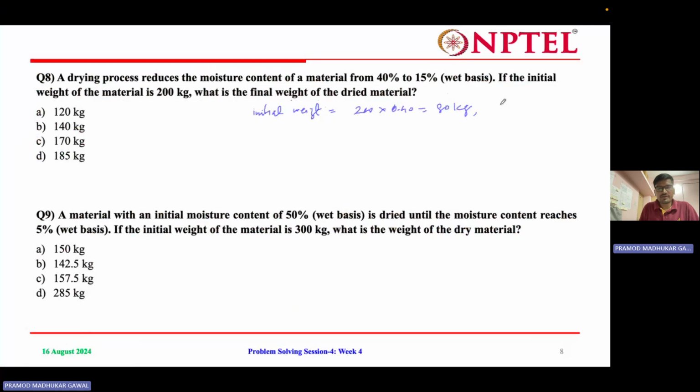So the dry weight of the material is 200 minus 80, so that's 120 kg, right?